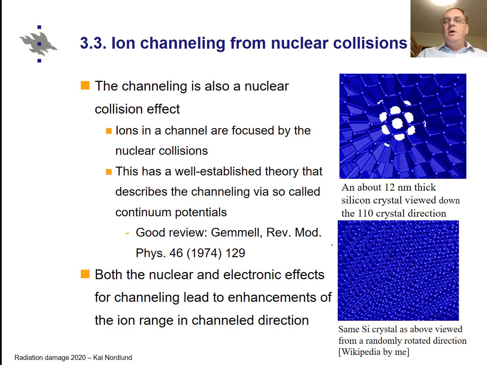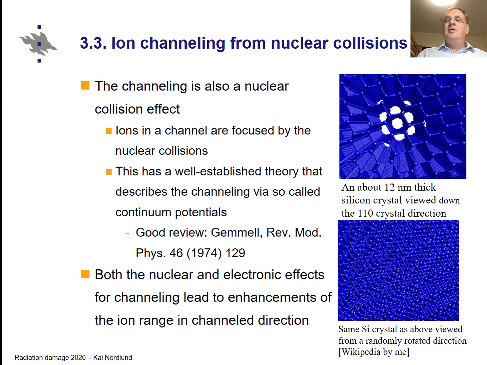These two pictures look very different, but they were actually plotted in a simple molecular model plotting software. This is exactly the same amount of silicon atoms in a 12 nanometer thick cube, which are just plotted in different directions, so these are really comparable.